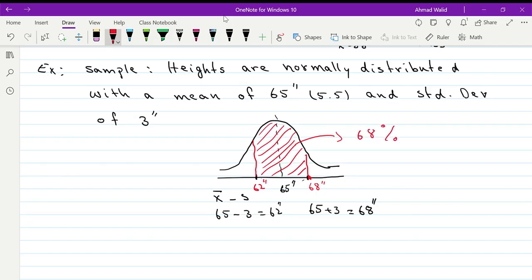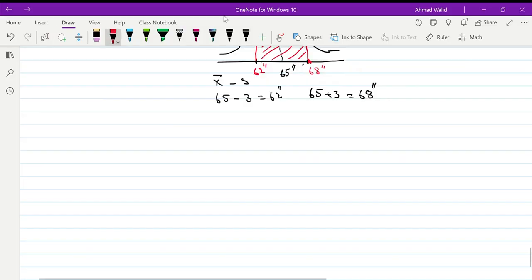It means somehow 68% of my sample, I don't know how much was that sample, couple hundred people maybe, right? 68% of them have the height of 62 inches to where? To 68 inches. Correct?